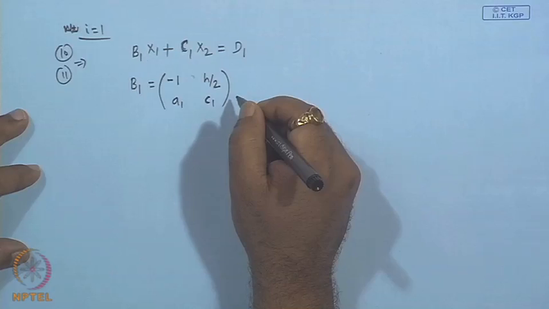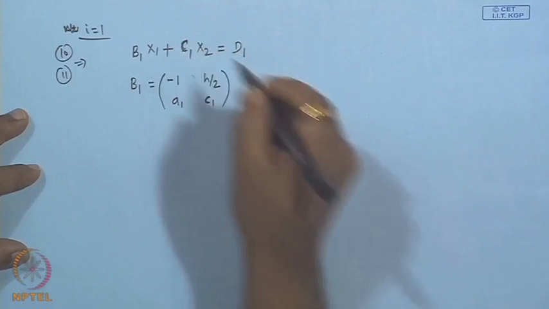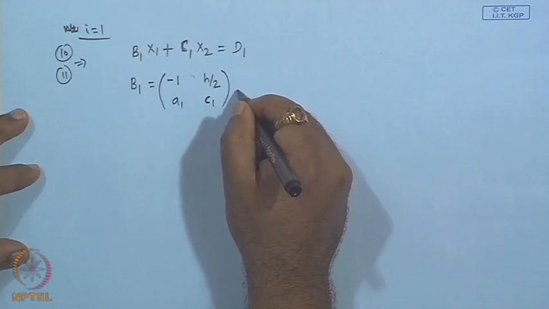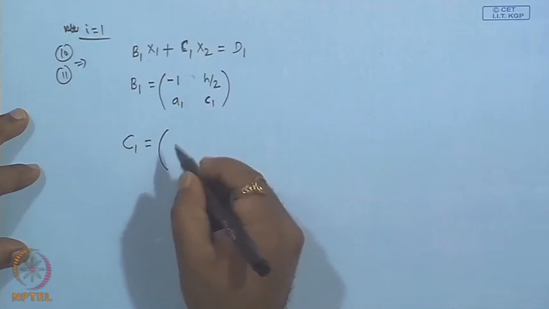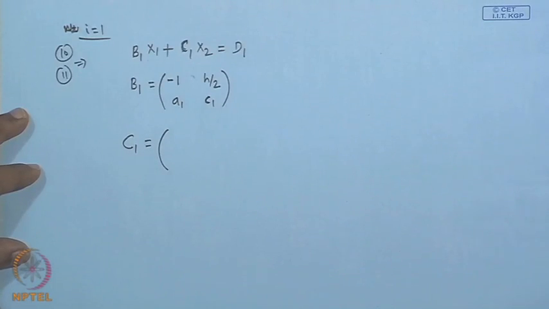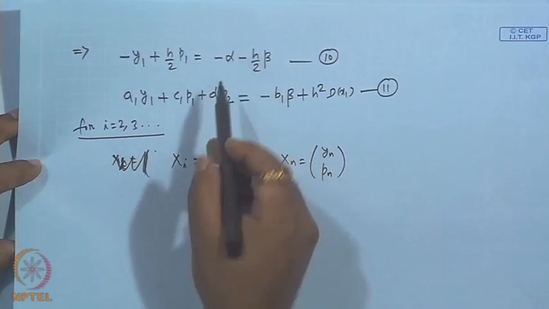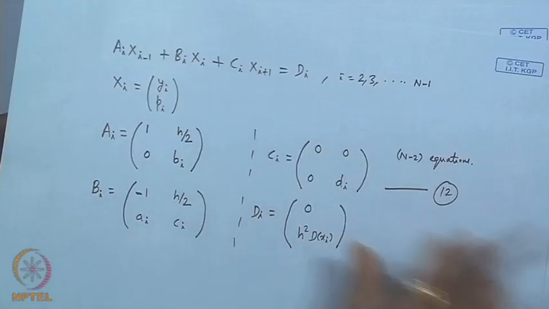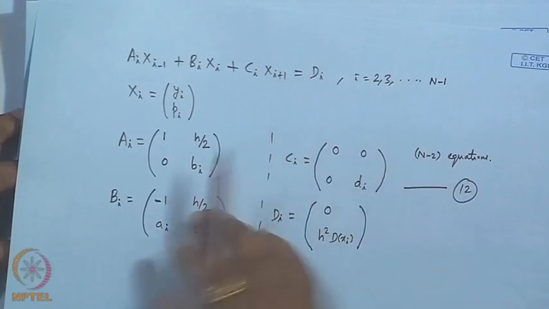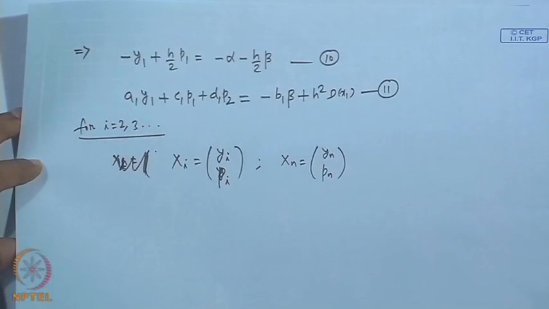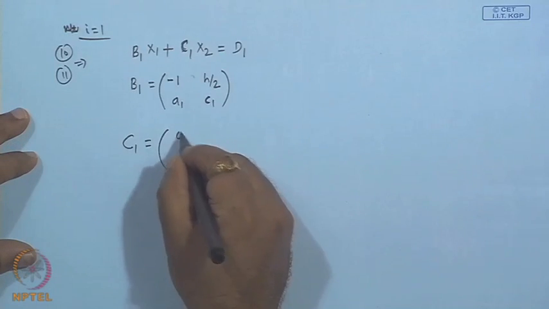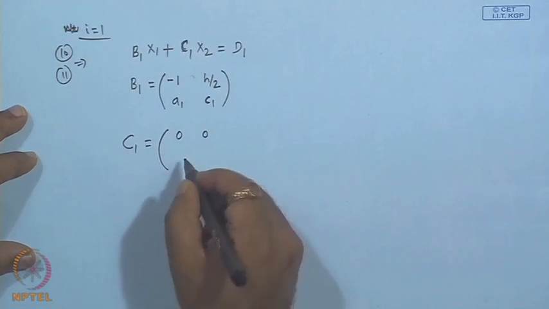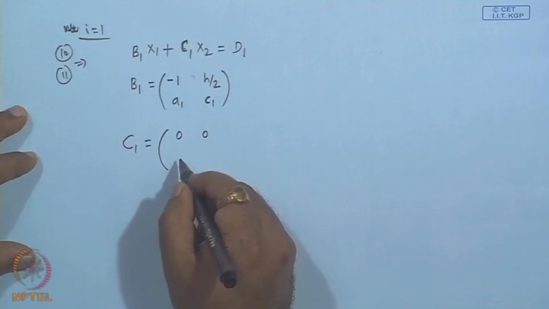Then the matrix C 1, we do not have the next, because C is multiplying x i plus 1. So, when i is 1, x 2, but we do not have any 2 terms there. So, we get 0 0 and 0.